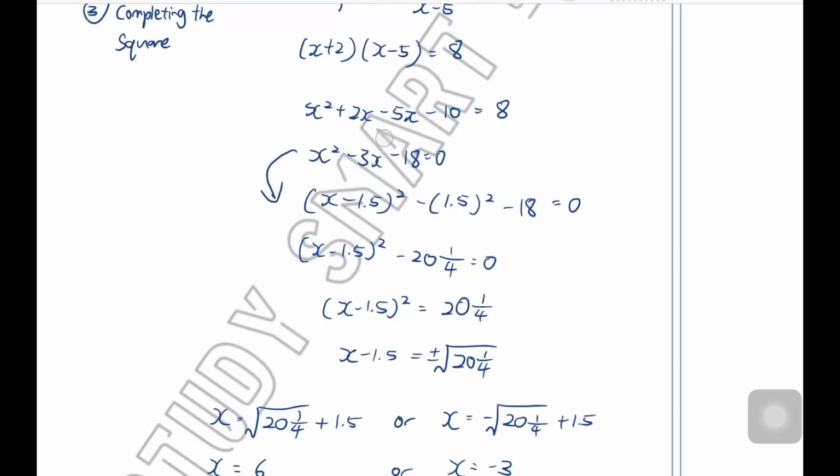The rest of the completing the square form is basically introducing some numbers to finish up. And how you put in these numbers is by first subtracting the number over here.